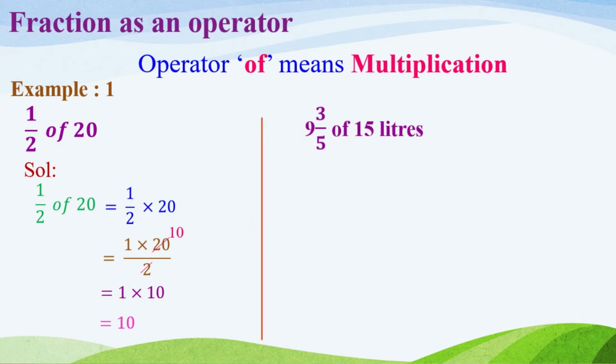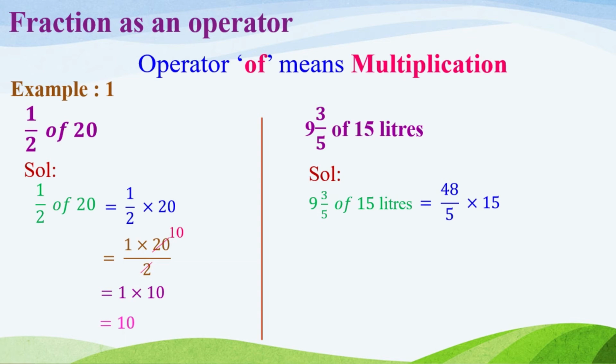Let's see another example, 9 3 by 5 of 15 liters. This is a mixed fraction, 9 3 by 5 of 15 liters. So let us find the solution. 9 3 by 5 of 15 liters. First, convert the mixed fraction into an improper fraction. Whole number multiplied with denominator. 9 5s are 45 plus add with numerator 3.